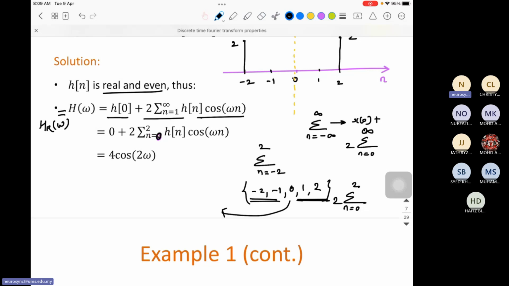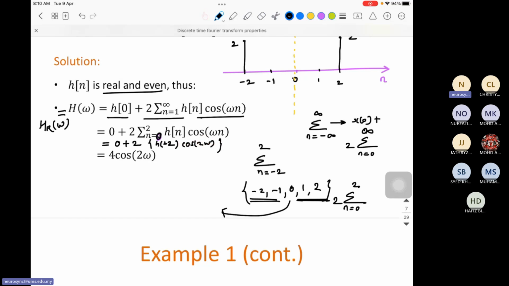So what will you get here? In the interval 0 to 2, you have a value only at n equal to 2. n equal to 1 is 0. The 0 term we have anyway kept outside. So I can say this is equal to 0 plus 2 into h of 2 into cos of 2 omega.